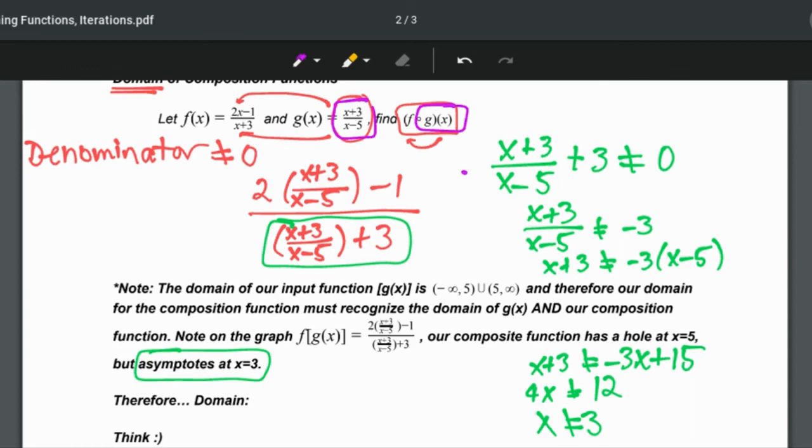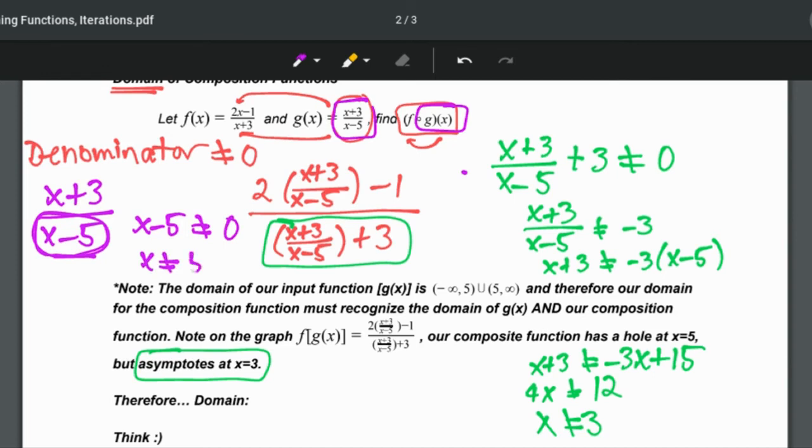So if we just looked at (x plus 3) over (x minus 5), we would have to note that this denominator cannot equal 0. So x minus 5 cannot equal 0, which means that x cannot equal 5. Because at some portion in my function, I would get 8 divided by 0. I can't do that.